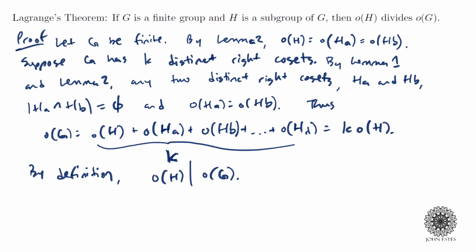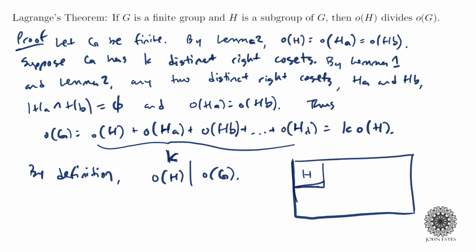By definition, we see that the order of H divides the order of G, which is exactly what we're trying to show. Now, the way to visualize this is like you have a big box of toys, but then you have to put them in bins. You put some of your stuff in this bin here, and now you've determined that each bin needs to be the same size, and nothing can go in more than one bin.